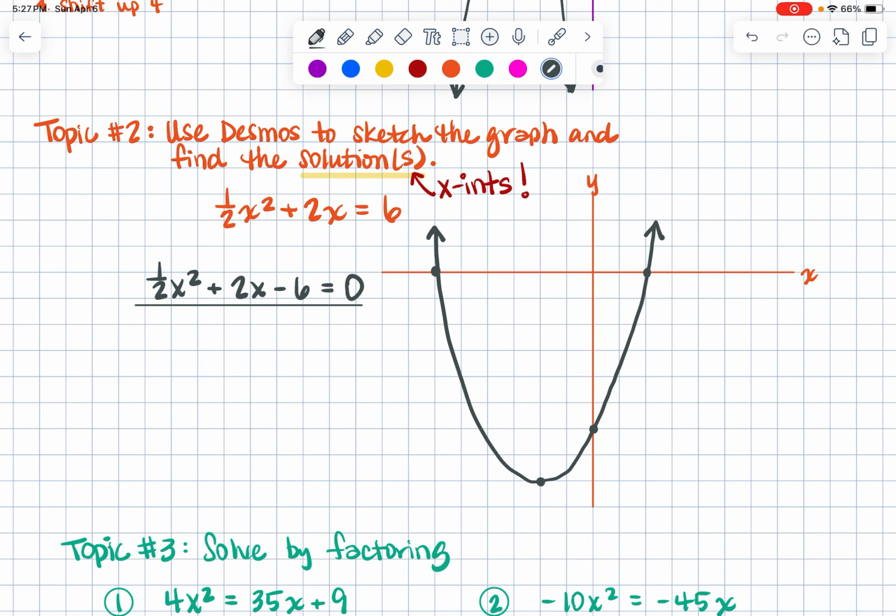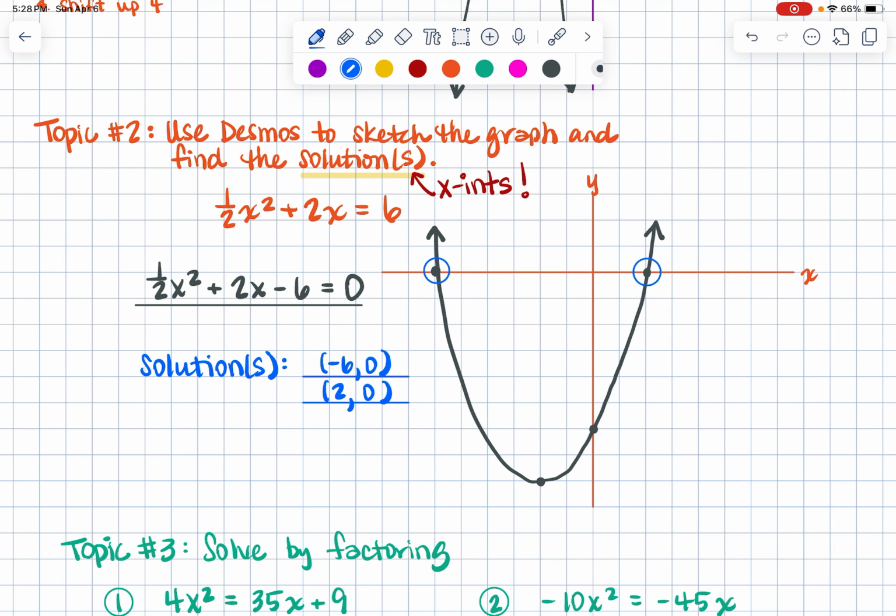And when we say solve by graphing, we literally just mean go find the x-intercepts, and those are our solutions, right? So on my quiz, on the little solutions blank, I'm going to write my solutions as -6, 0 and 2, 0.